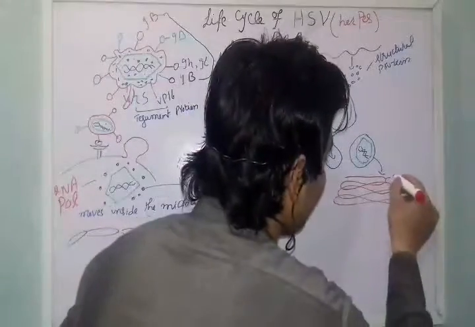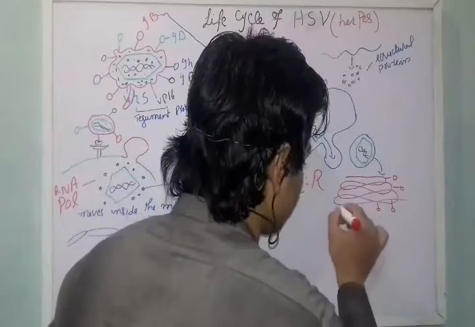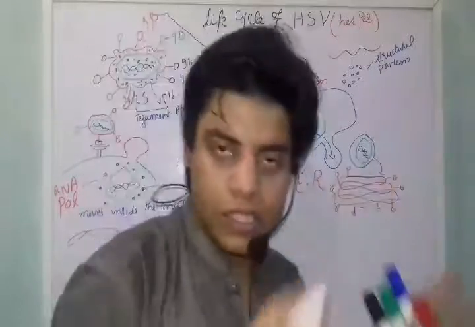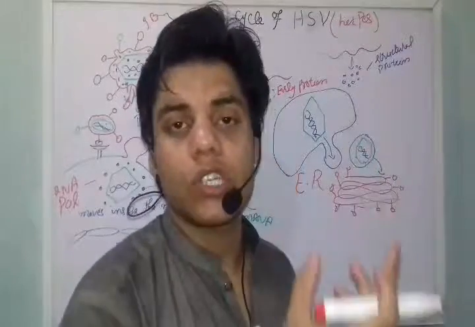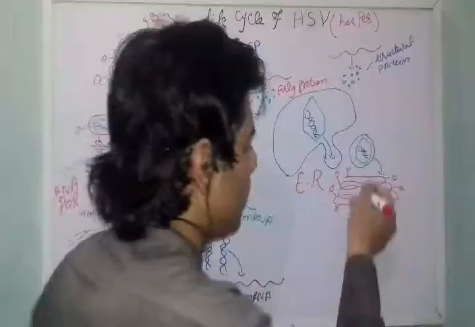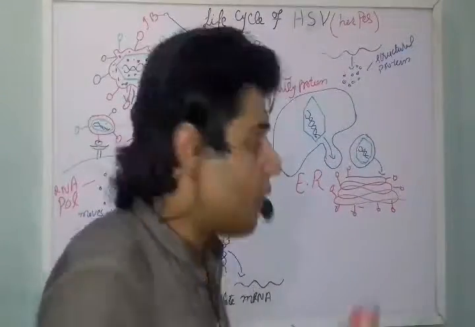Now inside or outside the endoplasmic reticulum, proteins are also formed. It means the receptor proteins are available here. So the herpes simplex virus will get the receptor proteins and the envelope here.